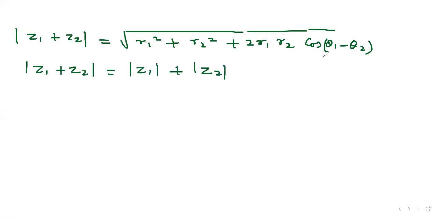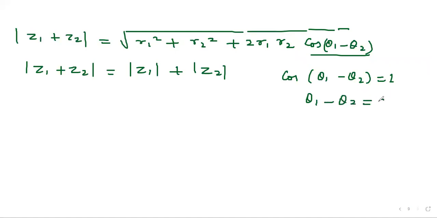It is only possible when this term becomes 1. That is, cos theta 1 minus theta 2 equal to 1. It means theta 1 minus theta 2 must be 0, or theta 1 equal to theta 2. That is, arg Z1 must be equal to arg Z2. This is the required condition.